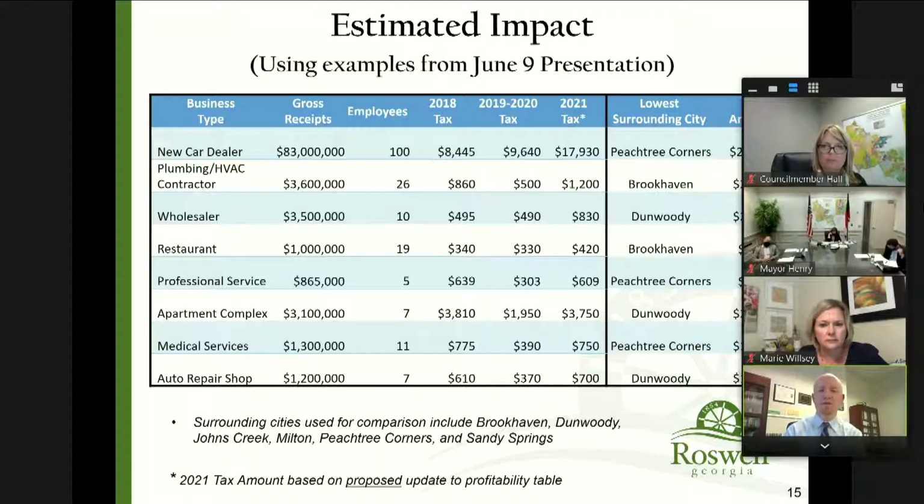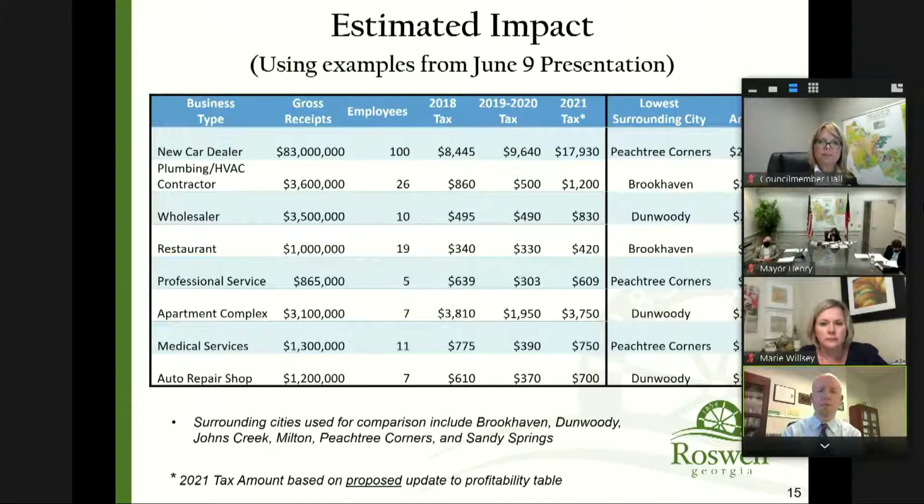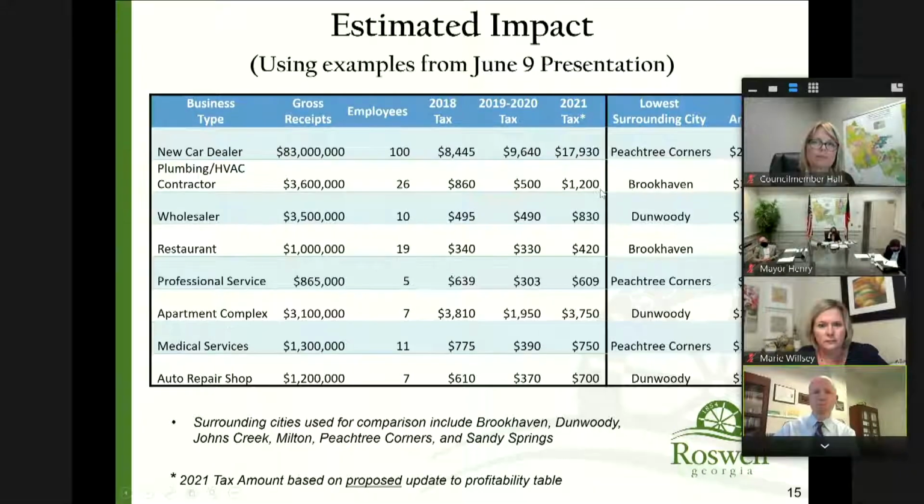The one city that you don't see there, Alpharetta, today is on a per employee fee for their occupation tax. So I wanted to show you comparatively what the lowest surrounding city is, and how, even with these updated tables, we would compare to those amounts.